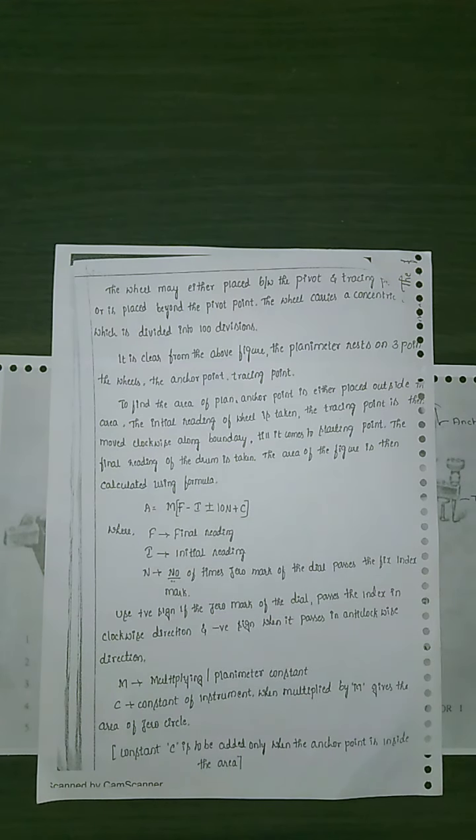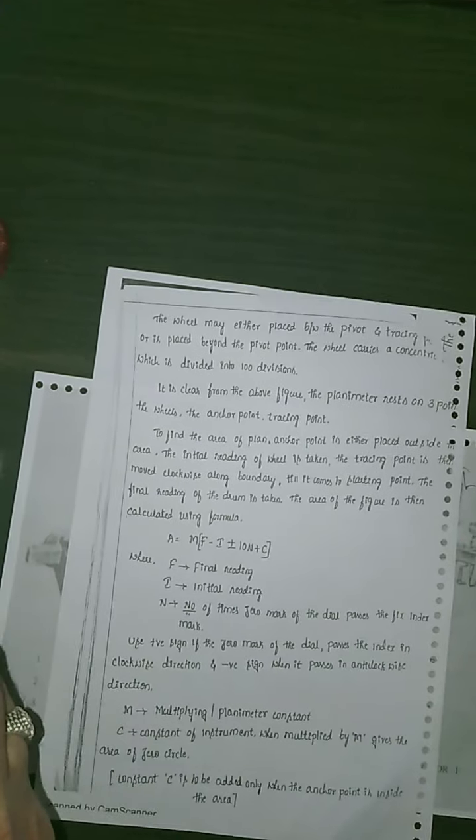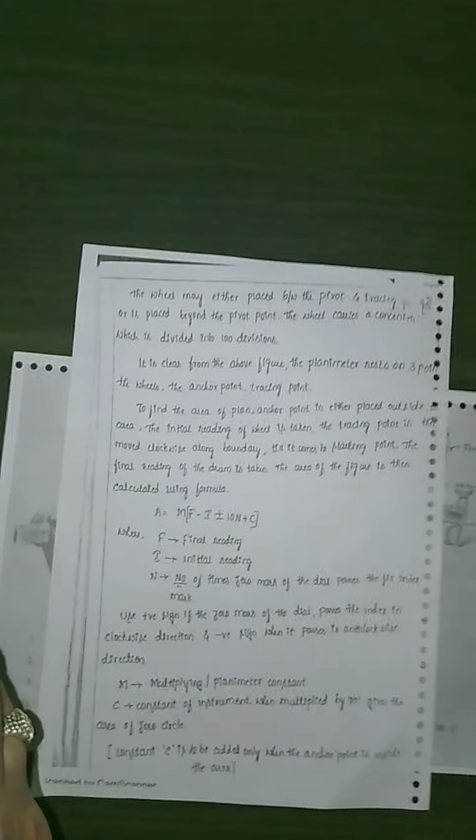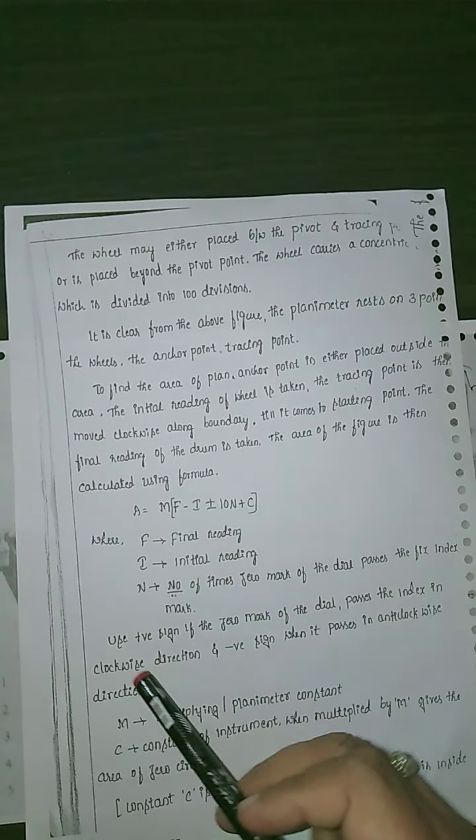I is the initial reading, when we take the starting reading. N is the number of times the zero mark of the dial passes the fixed index. I have mentioned the sign as either positive or negative.